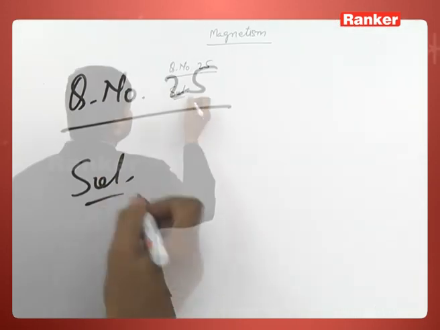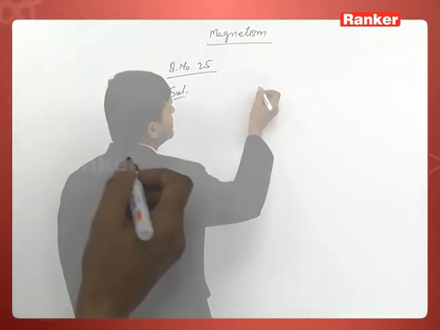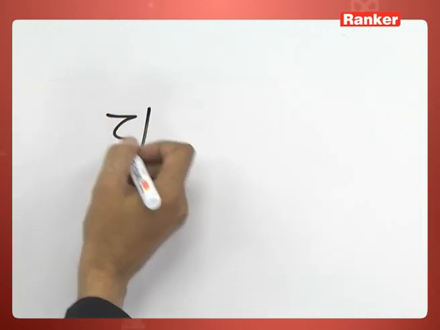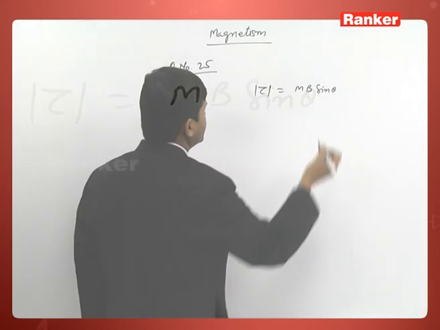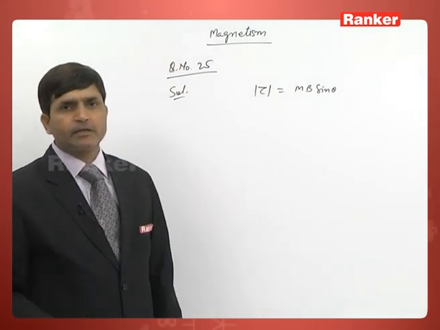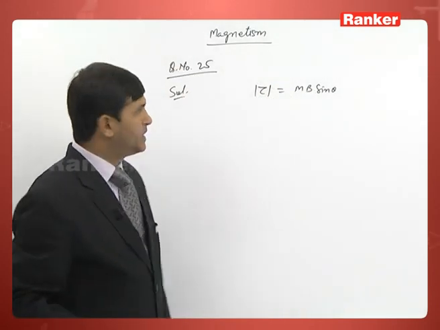When a magnet is kept in a magnetic field, the torque on the magnet is written as mB sin theta, where theta is the angle between the magnetic moment and the magnetic field.